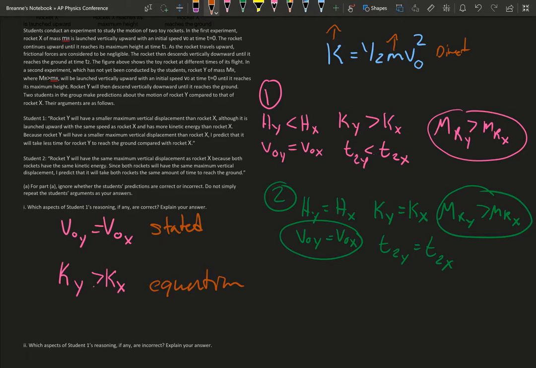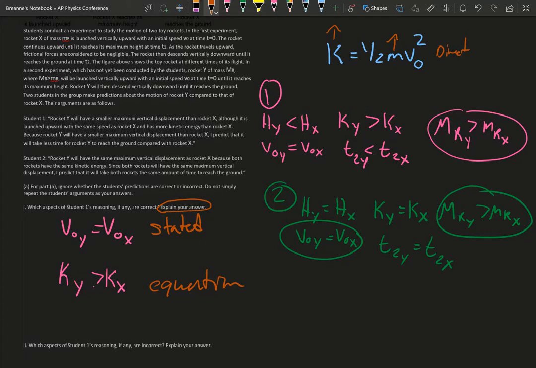Now, because it did say explain, I don't think that necessarily is an explanation. But that is an example that they're using as an answer. So I would take it a step further because it says explain your answer. So say student 1 is correct that rocket Y is launched with the same upward speed as rocket X, as stated in the problem in the paragraph above.